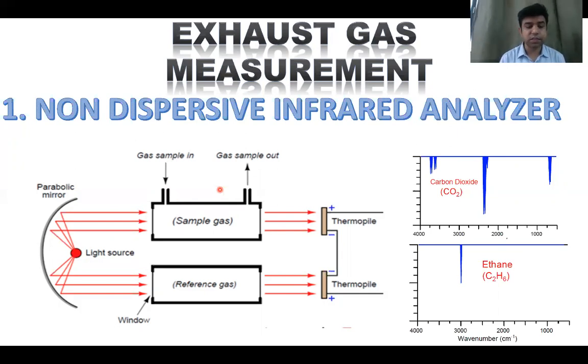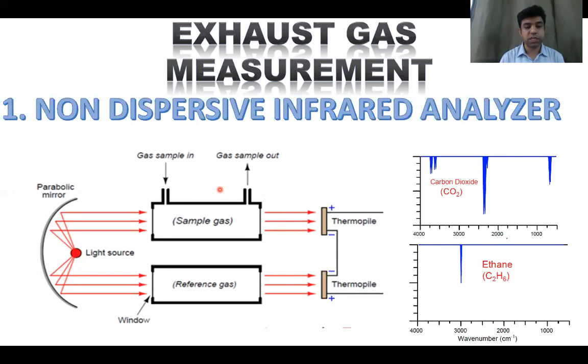This analyzer measures the amount of different gases present in the exhaust gas. For example, the levels of carbon dioxide, carbon monoxide, NOx can all be found out with the help of this non-dispersive infrared analyzer.